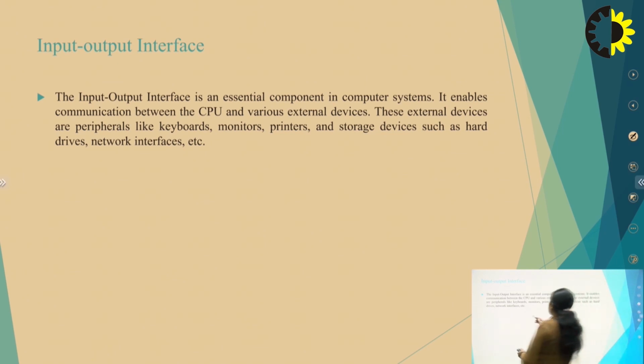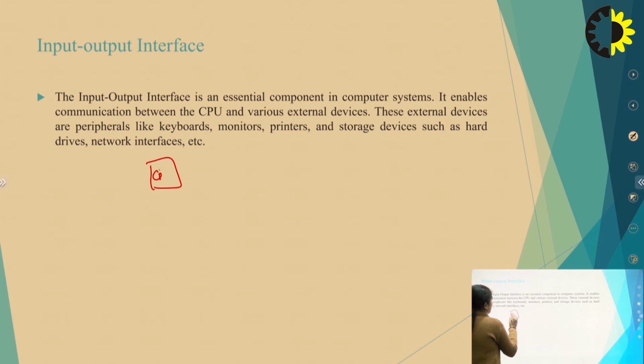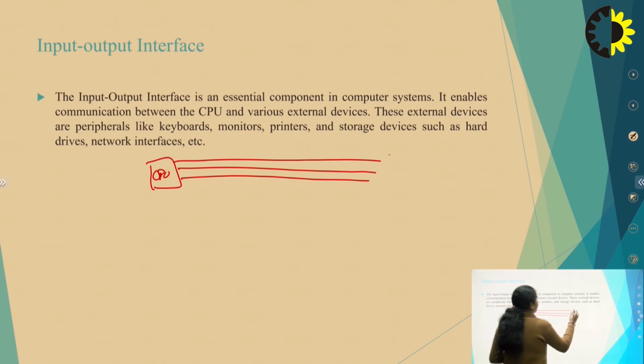Like this is our CPU, and it has its system bus. In the system bus, we know it has a data bus, address bus, and control bus.